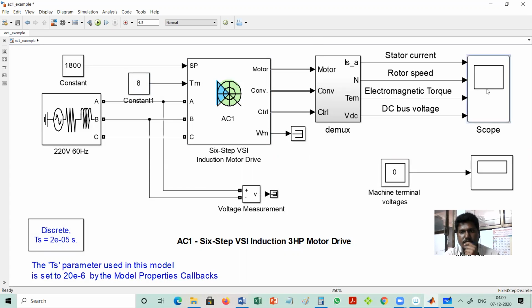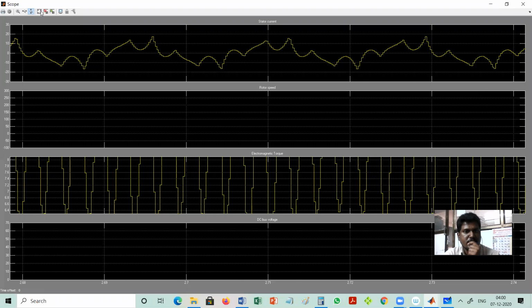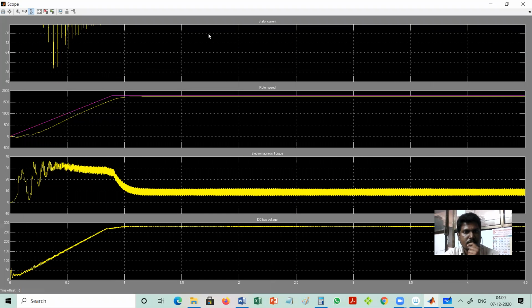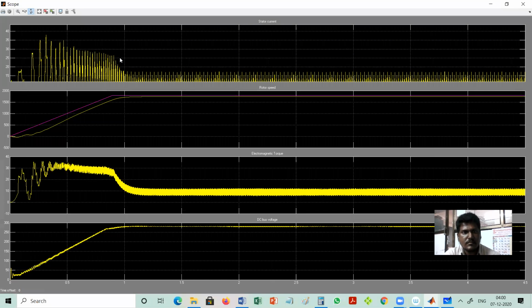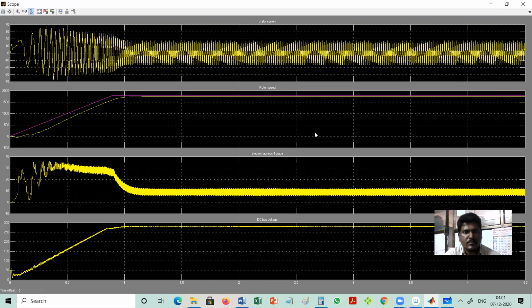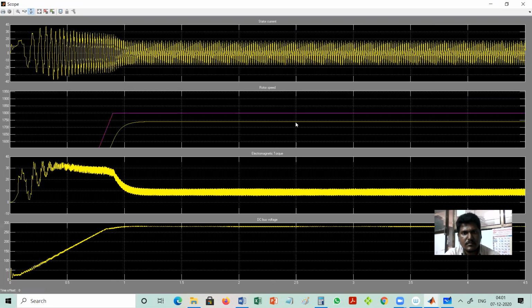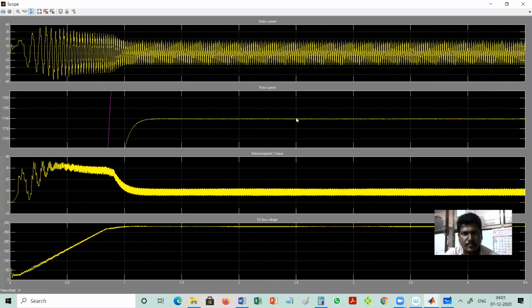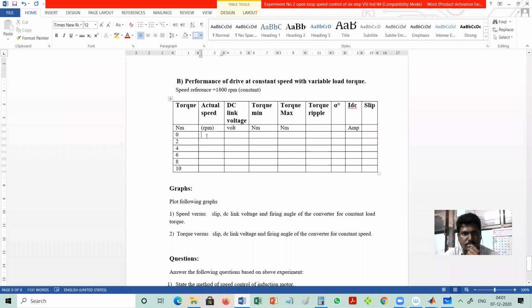So the first reading is the actual speed. Actual speed is 1740. Sorry, for load of 8 Newton meter, I have taken the readings.